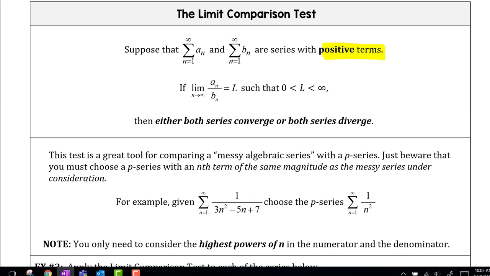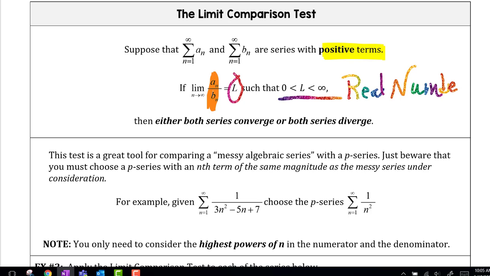Now we take the limit of the ratio of these two series, and we want it to equal a real number L. It's important that that is a real number. If that's the case, then both series either converge or both series diverge.